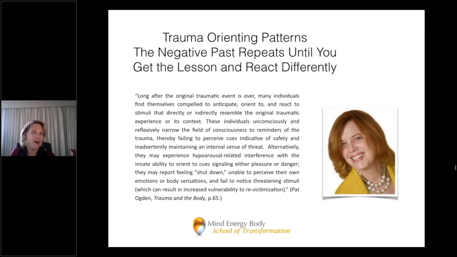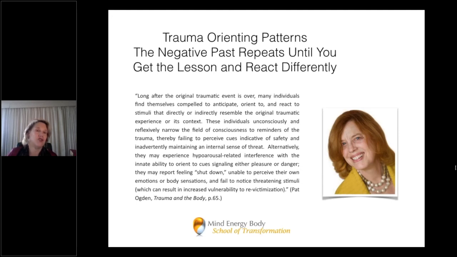So if you go numb, you can't manifest pleasure. You can't find danger and take action. Or you basically shut down and you're unable to perceive your own emotions or body sensations and fail to notice threatening stimuli, which can result in increased vulnerability and re-victimization.